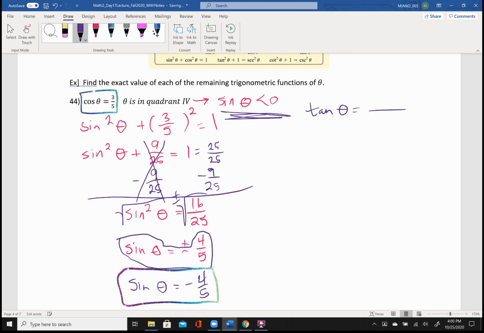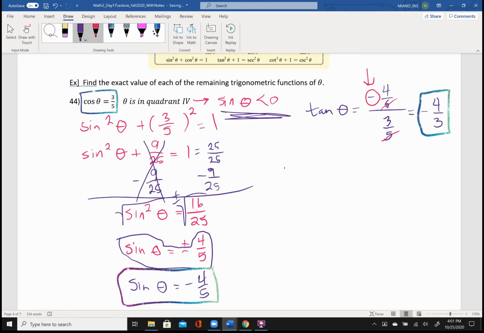It's going to be negative 4/5 over 3/5. Those 5s will cancel. Don't forget it's negative. And then you're going to give me negative 4/3, right? Let me check my notes. Negative 4/3. Looking good.